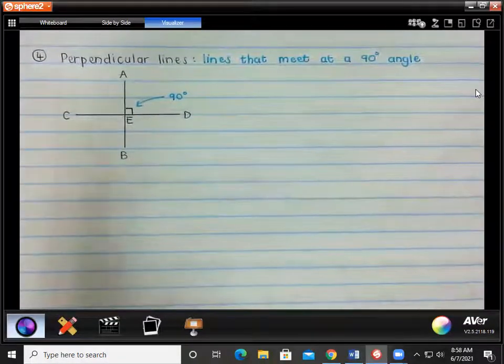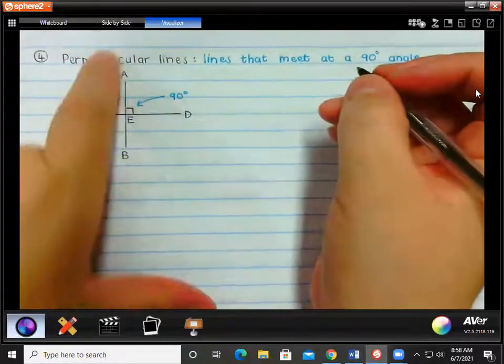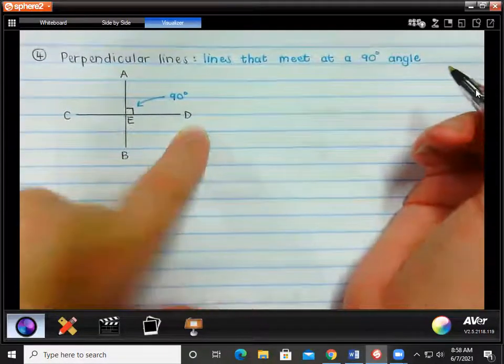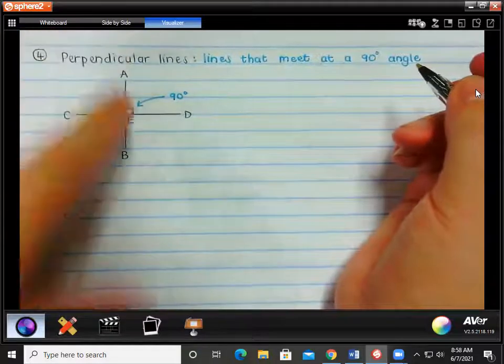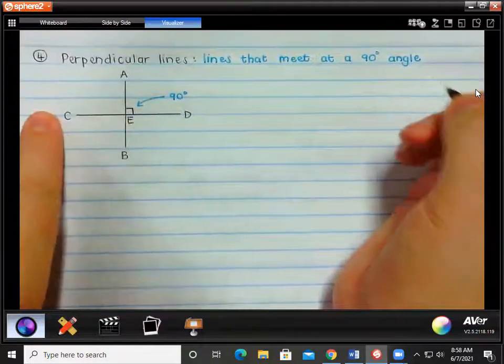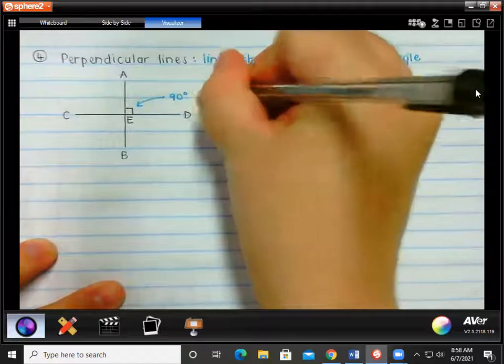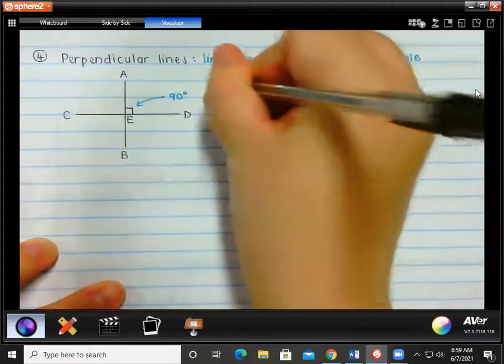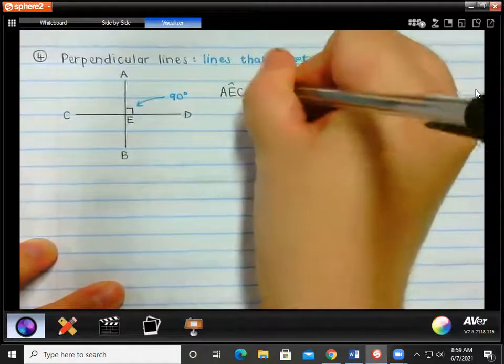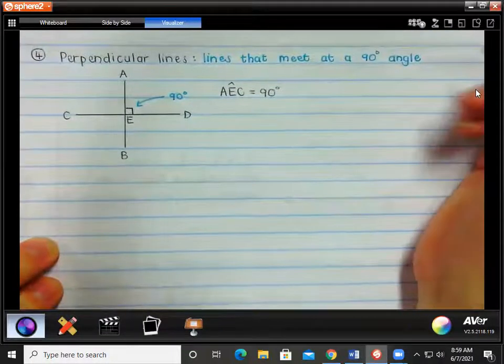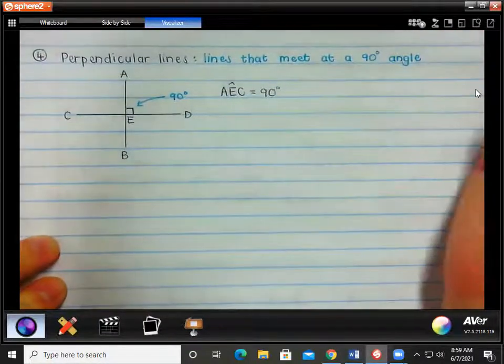All right, so let's write that down for all of these. So AED, we know is 90 already, but now we're going to say AEC is equal to 90 degrees. All right, and now this is a case where we would have to write our reason.